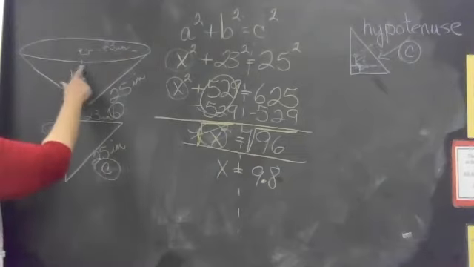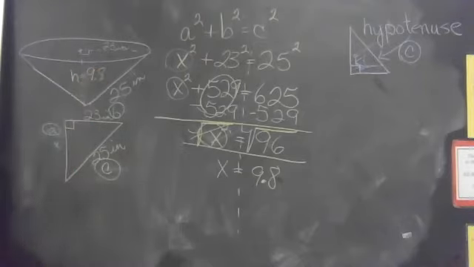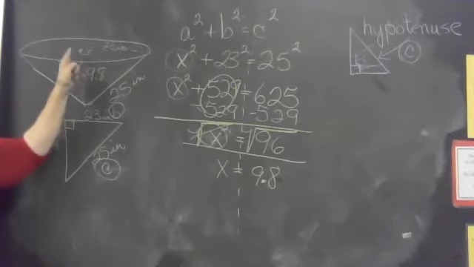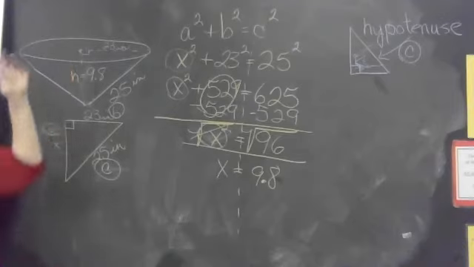So instead of h, now it's 9.8 because we used Pythagorean theorem in this right triangle. Y'all see? So now that we know all our pieces, we go back to find the volume now.